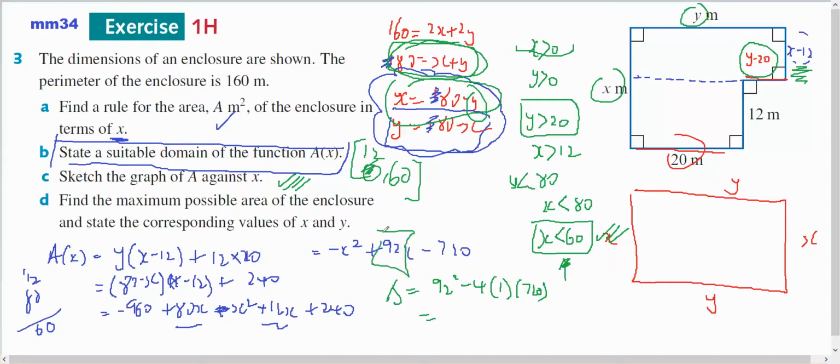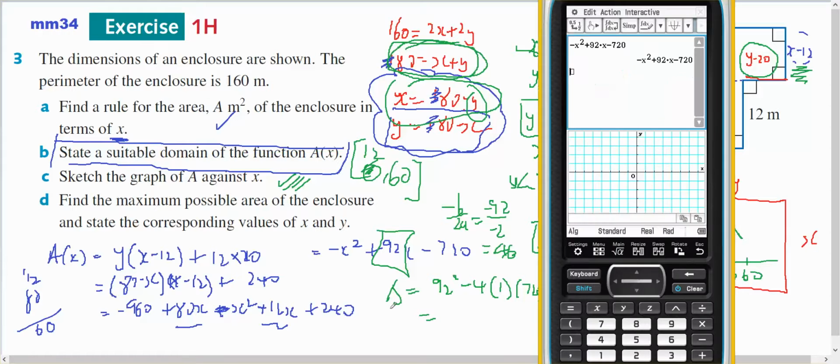I know my turning point is at minus b over 2a, which is 92 over 2, which is 46. So I know my graph looks something like that, where that's 12 and that's 60 and that's 46, and that's where the maximum is going to be, but I'm going to use my calculator to actually come up with it.